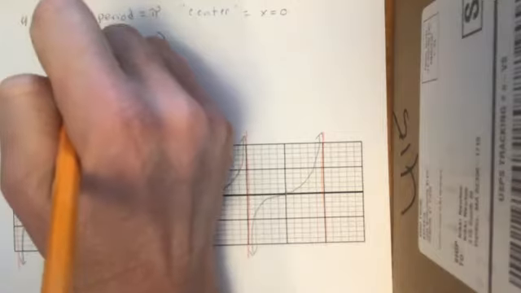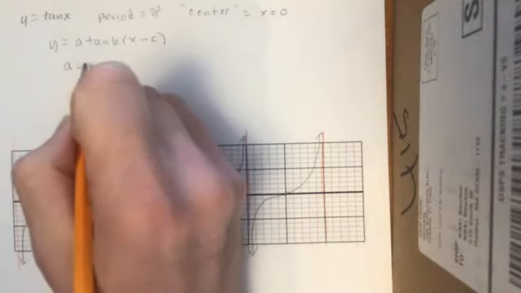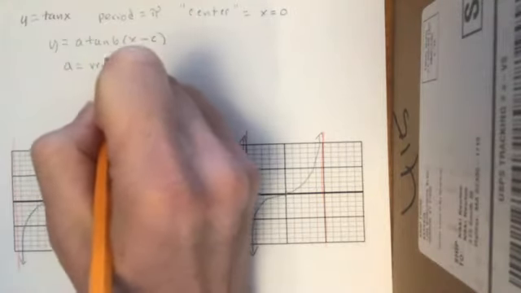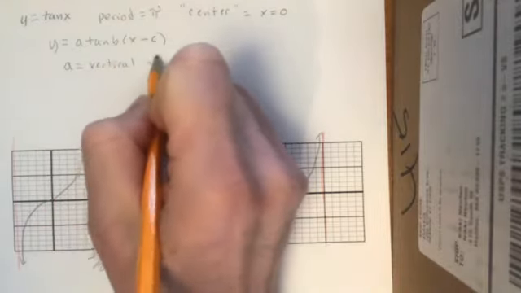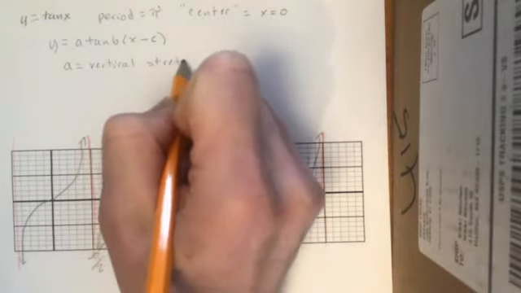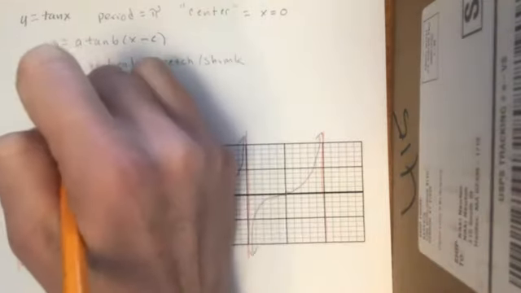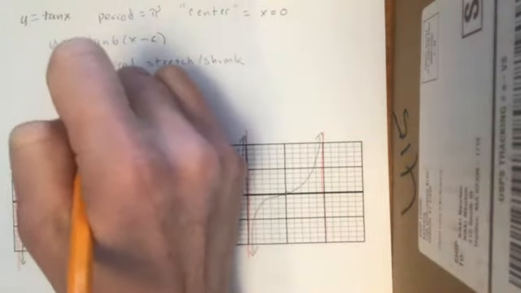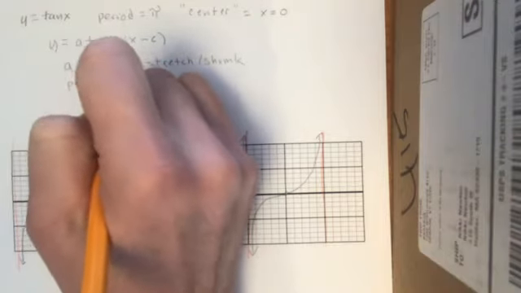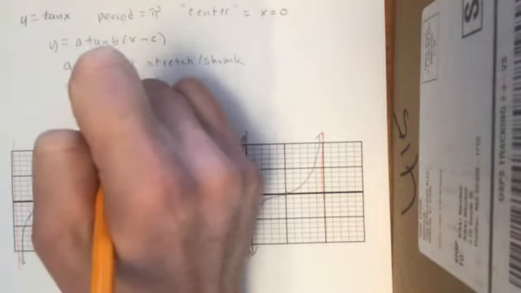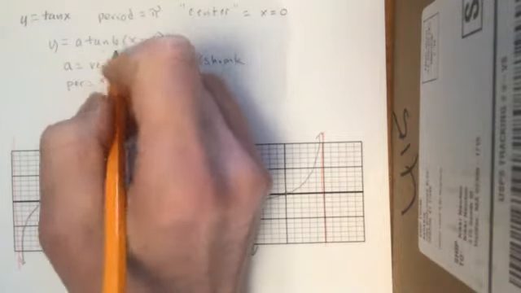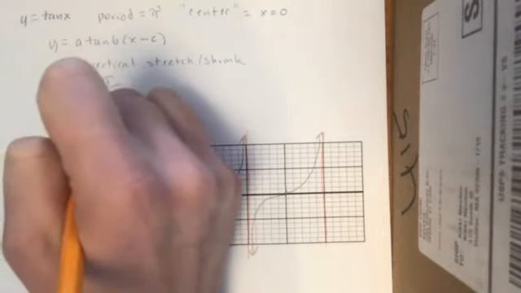So A, we're going to revert back to what a transformation means in general, a vertical stretch or shrink. Because the period of tangent is pi, the period of a transformed tangent function is pi over b, same b here.